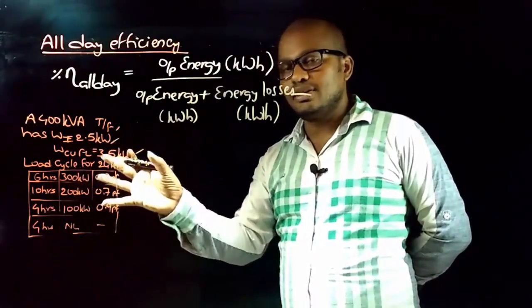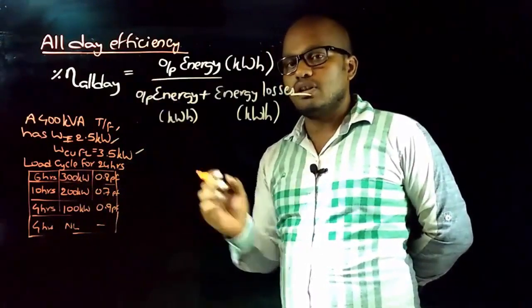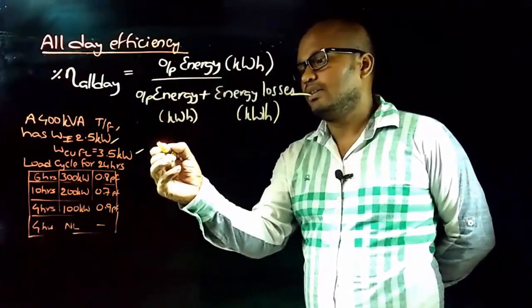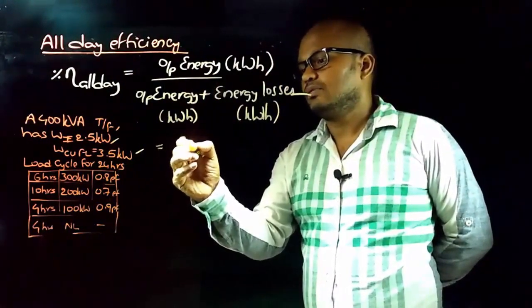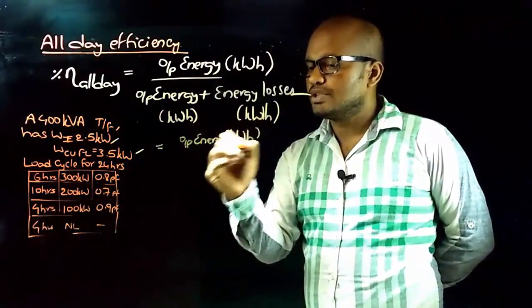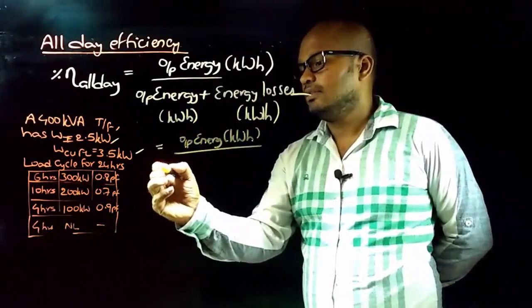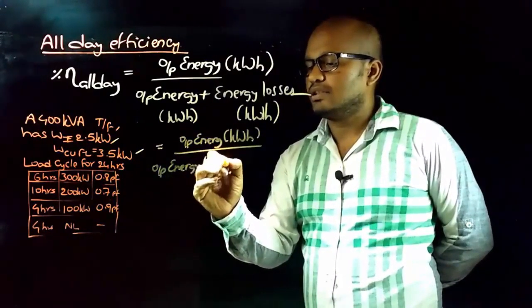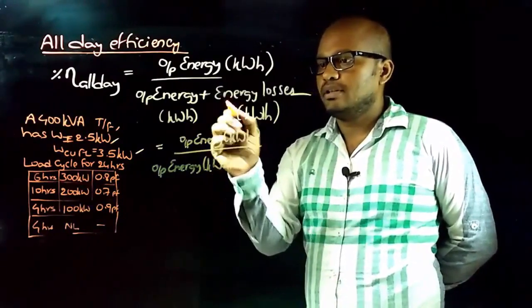Using this data, we need to find the percentage all-day efficiency. To understand this problem, let's elaborate this formula, which is equal to output energy in kWh divided by output energy in kWh plus energy losses.